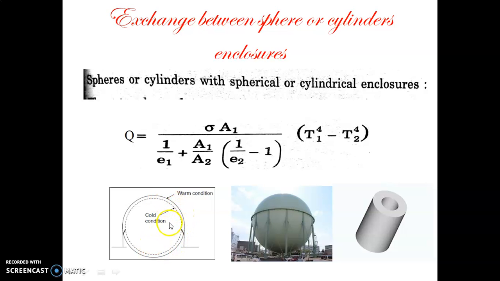So why are we doing this? Because if we kept the air in this space, then heat would be transferred by convection and also radiation. To avoid that, we remove the air from this space, which is known as evacuation.